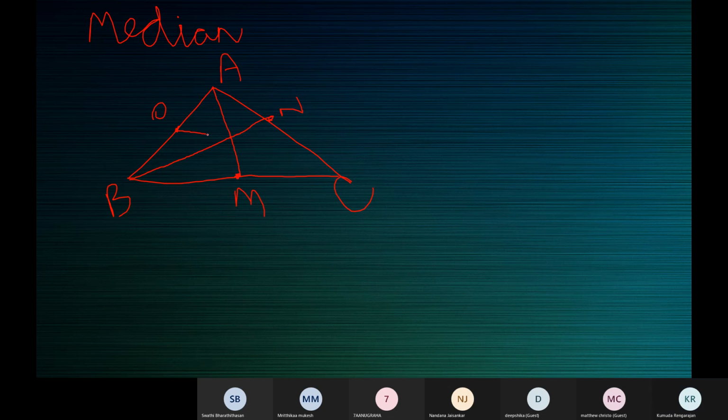Similarly, CO. All are line segments, children. Don't mistake them because the lines are slightly bent. They all are line segments. So CO is a median because it's a line segment from the vertex C to the midpoint of the opposite side AB.